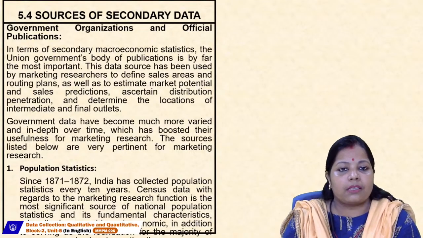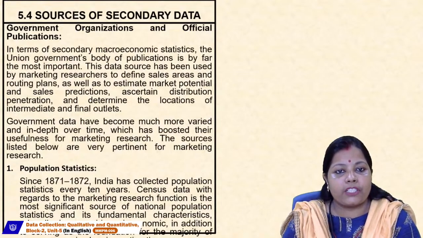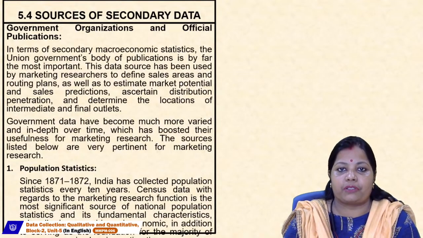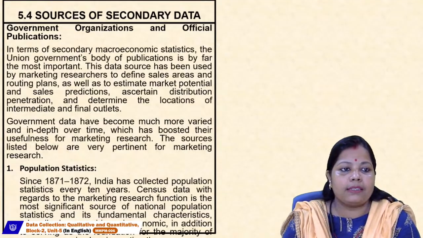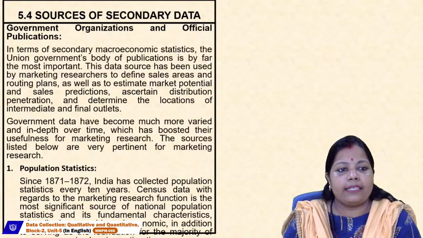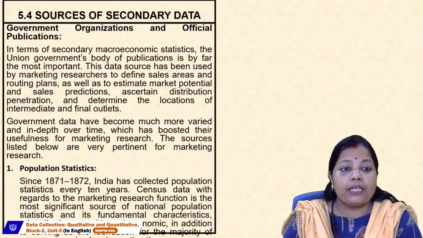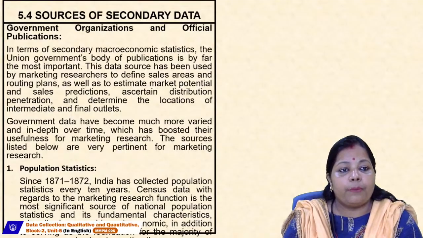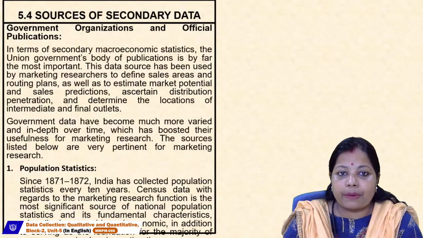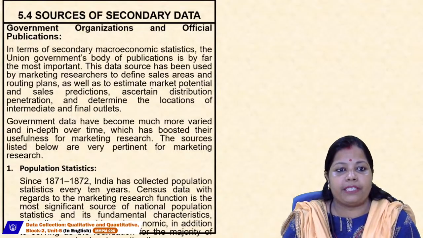So the first source of secondary data is government organizations and official publications. Under that, we can consider the statistical abstracts. In terms of secondary macroeconomic statistics, the union government's body of publications is by far the most important. It is published only by the Government of India.